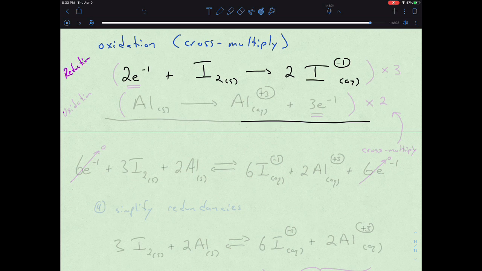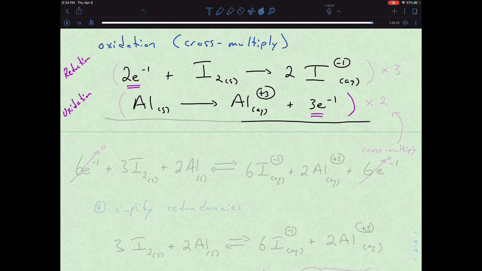And then for our oxidation, we are going to look at the aluminum. So if I rewrite that process, we would have our aluminum going to produce aluminum in the +3 plus our 3 electrons. So here's where we're going to cross multiply by that number of electrons.